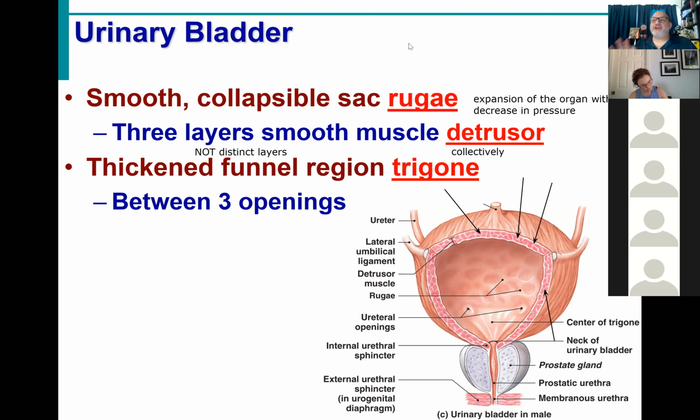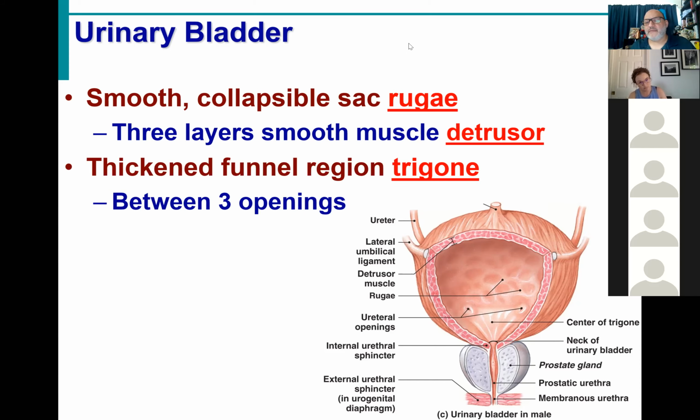There are 3 openings to our urinary bladder, and we see those nicely right here. There are the 2 ureteral openings, or ureteral osses, where the 2 ureters feed into the 1 bladder.